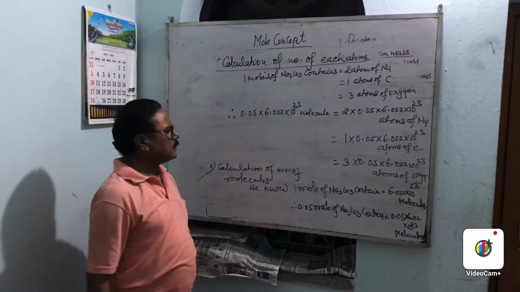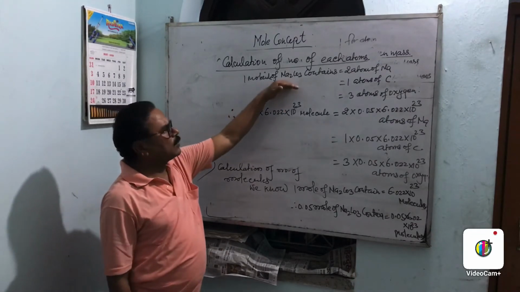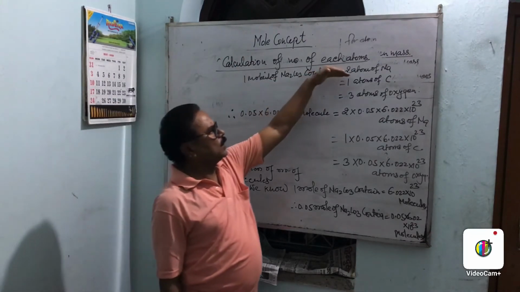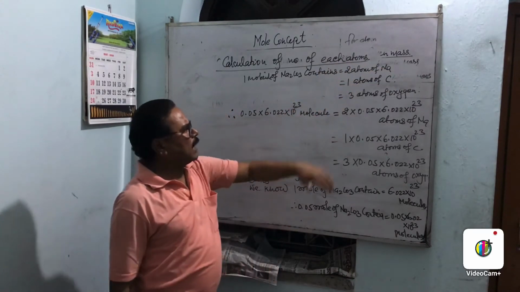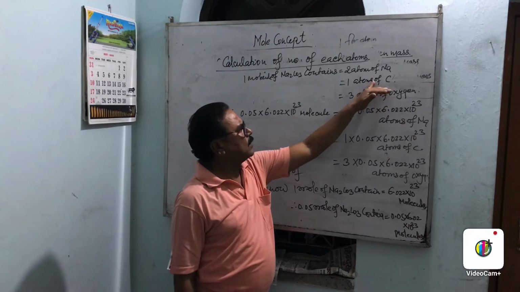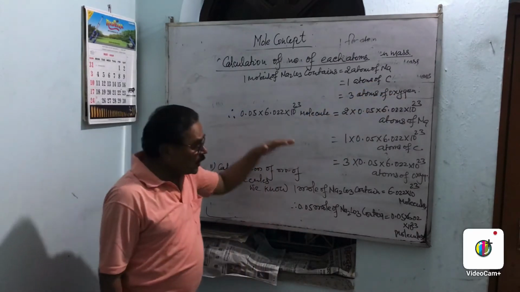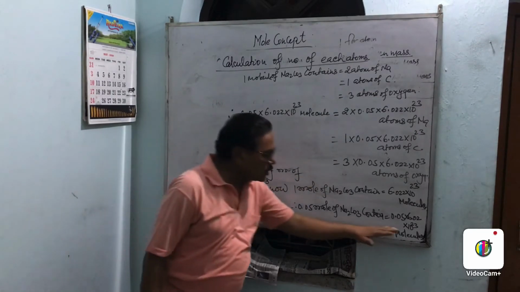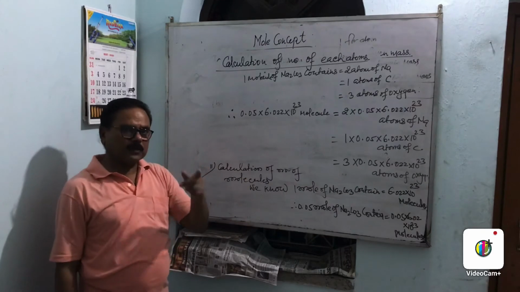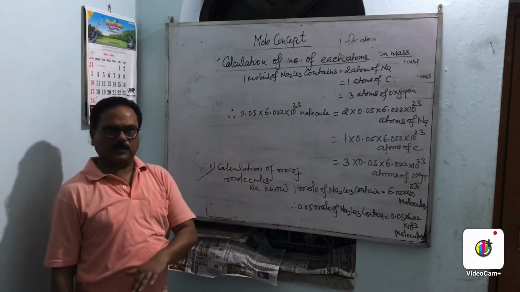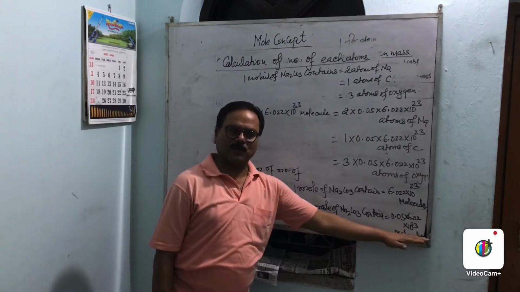Similarly, we consider the molecules. Now one molecule of sodium carbonate will have how many atoms? 2 atoms of sodium, 1 atom of carbon and 3 atoms of oxygen. How many molecules are obtained in 5.3 gram of sodium carbonate? So this molecule is obtained from sodium carbonate.